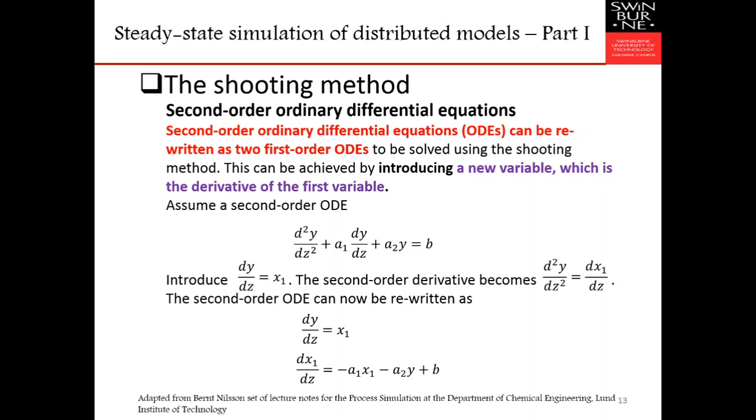So if we have this second order ODE, for example, then we can introduce dy per dz is equal x1. So in this case, the second order derivative becomes this.